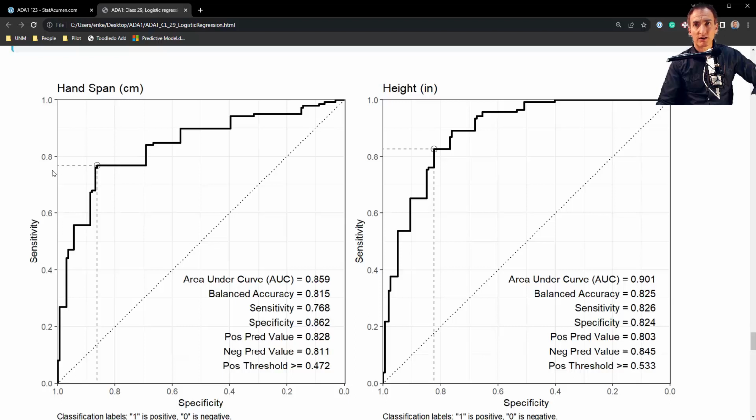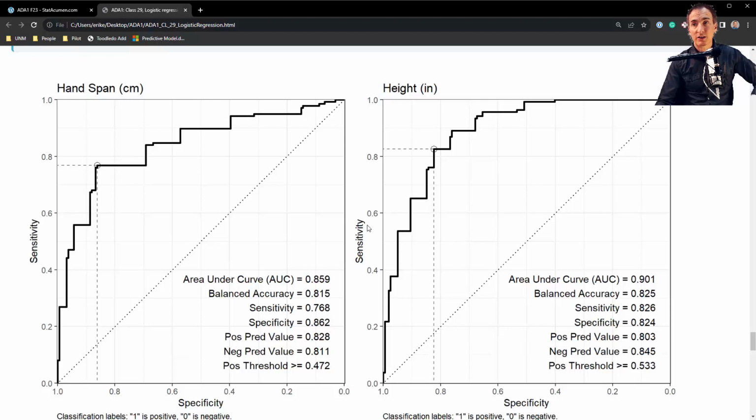So that gives us a sensitivity right here of 0.768 and a specificity of 0.862, right, this line. This is for handspan and this is for height. Height looks like it's a little bit closer to that corner, so that's already some indication that it's probably going to be a bit better.